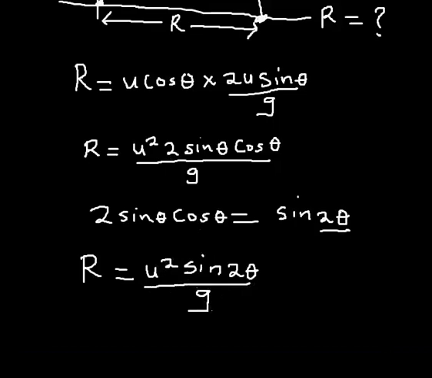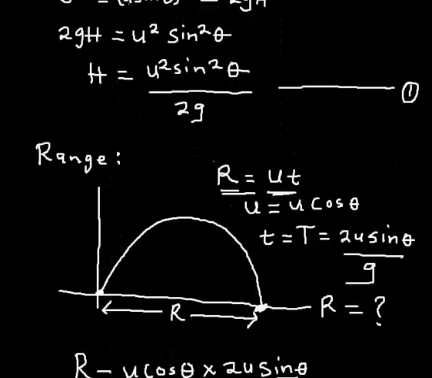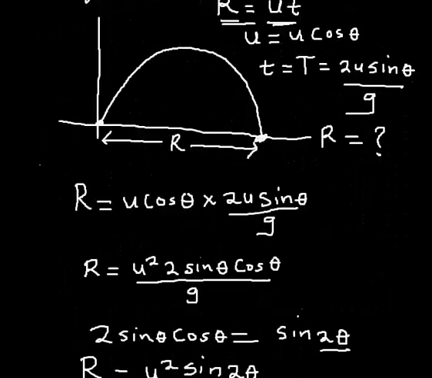So I just proved the three equations of projectile. Just in case you couldn't get them, I'll write those three equations down. The very first equation is the time of flight, which is equal to 2u sine theta all over g.